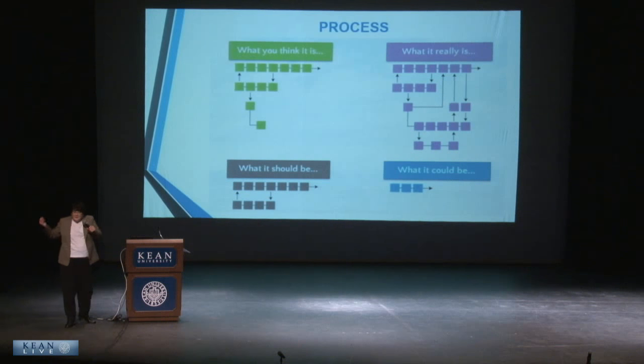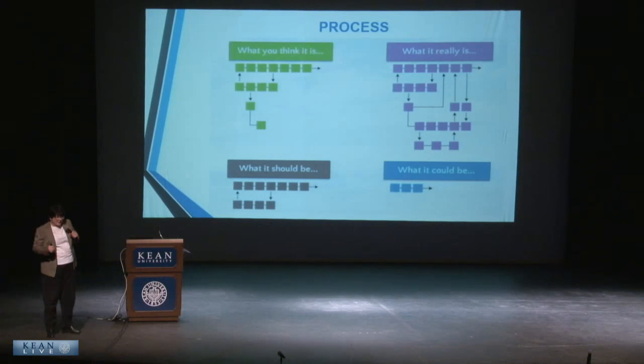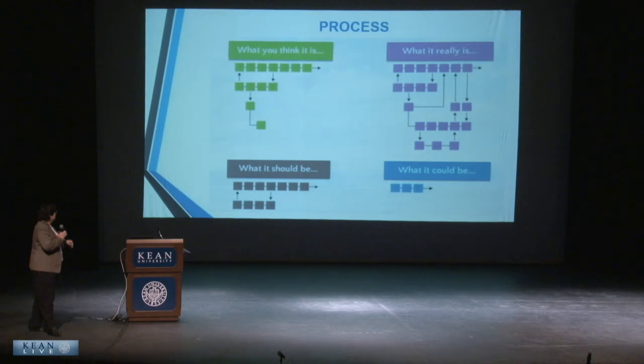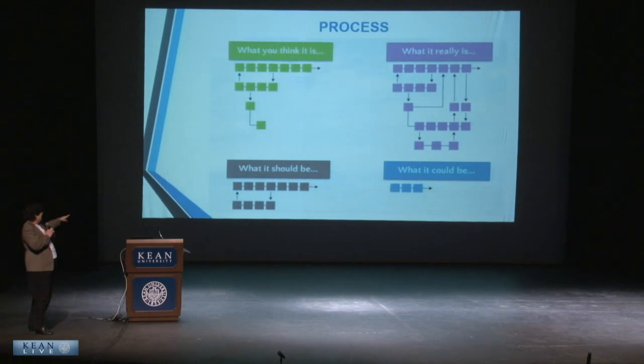So I love this process slide because we all think we know what process is. What you think it is, nice and tight. What it really is, what it should be, and what it could be.